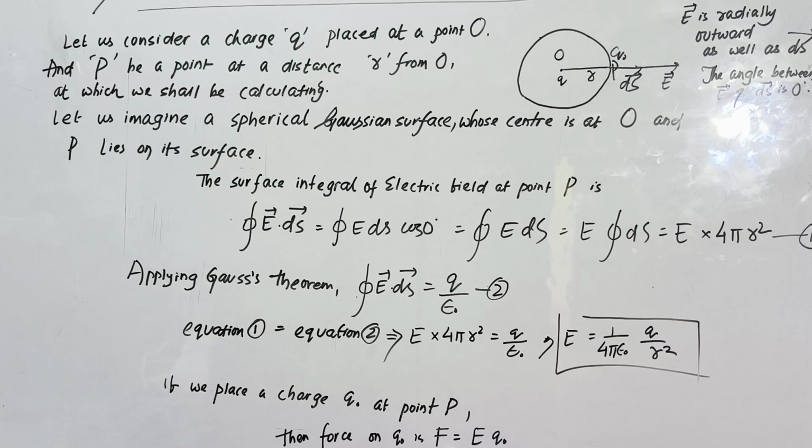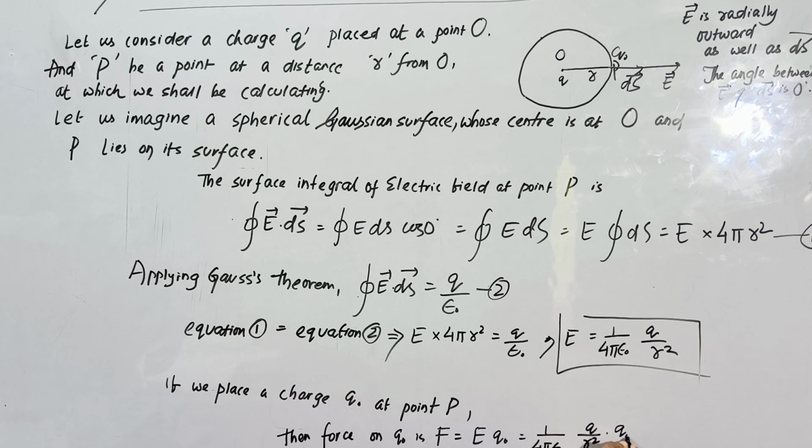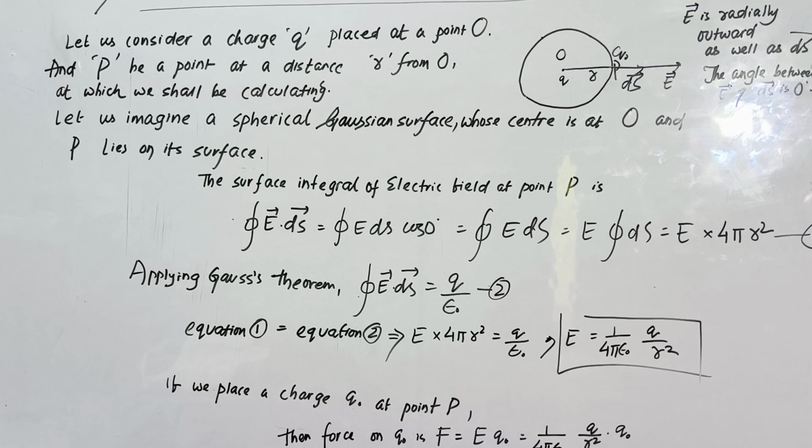We have known this earlier. Now just replace everything: 1 upon 4 pi epsilon naught, q by r squared, into q naught. Rearranging again, you find 1 by 4 pi epsilon naught, q q naught by r squared.